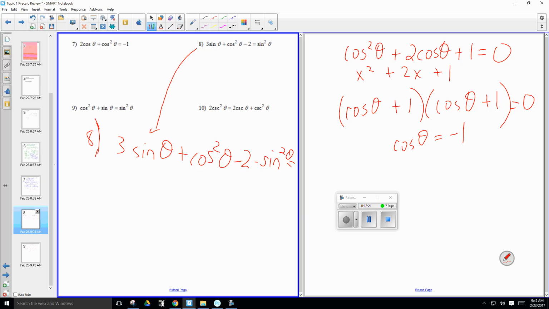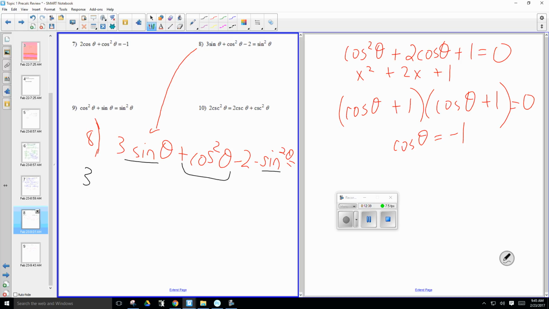So I've got a sine, I've got a sine, and a cosine. Can I get rid of my cosine? 1 minus sine squared. Yes, 1 minus sine squared.